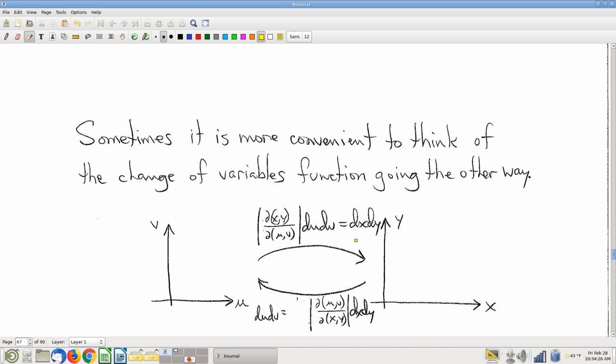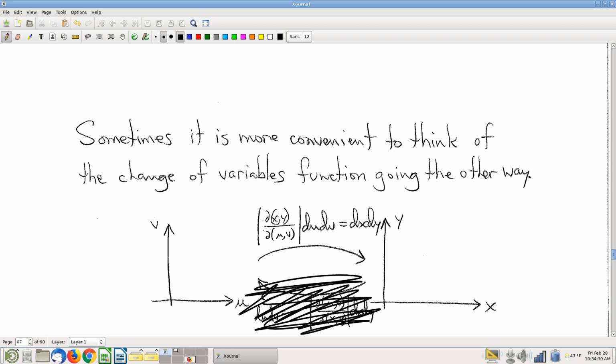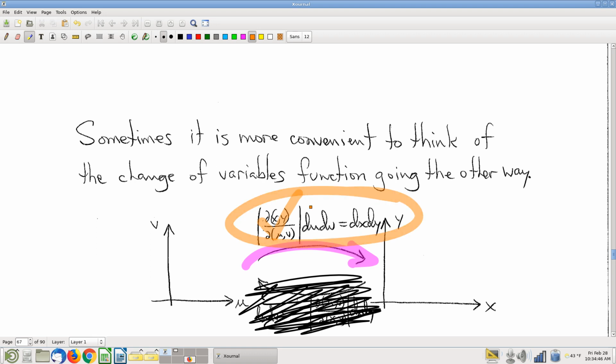Let's momentarily ignore this down here. Let me remind you that when you have a change of variables function that gives x and y as functions of u's and v's, here's your formula for your stretching factor, and here's how you use that stretching factor. This is exactly what we've been doing so far.